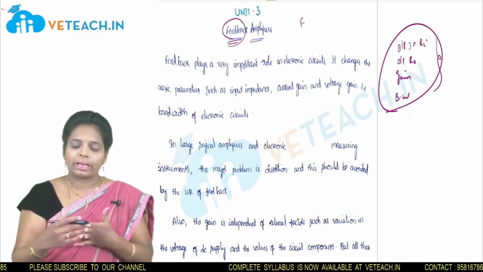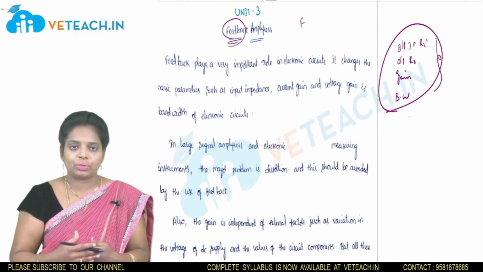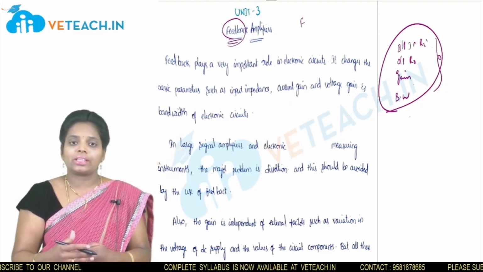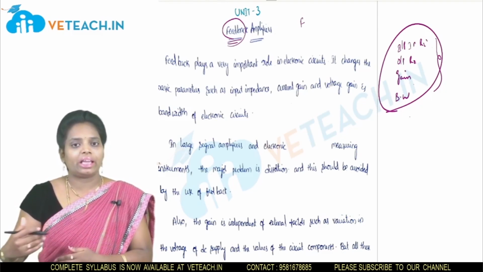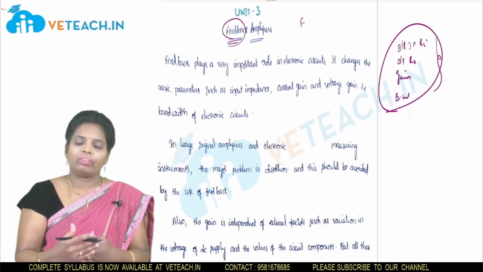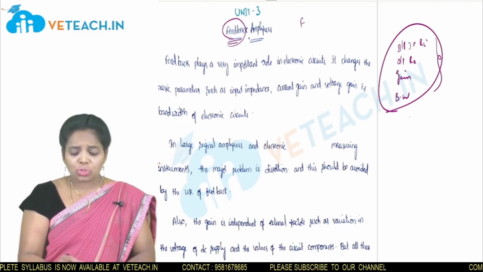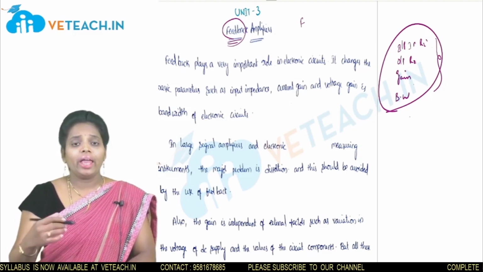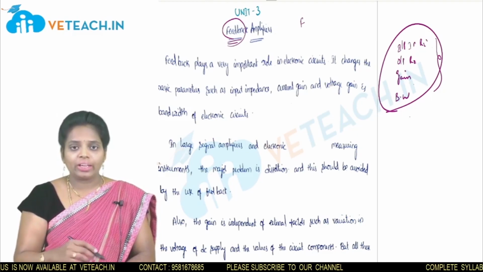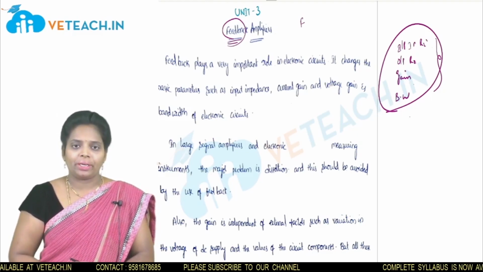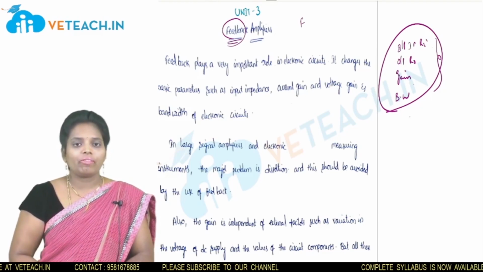DC voltage sources also exist in the amplifier circuits. If any parameter in the circuit changes, then automatically the gain will change, and that can be eliminated by using feedback. So feedback makes the gain of the amplifier independent of the circuit parameters. These are the uses of feedback.